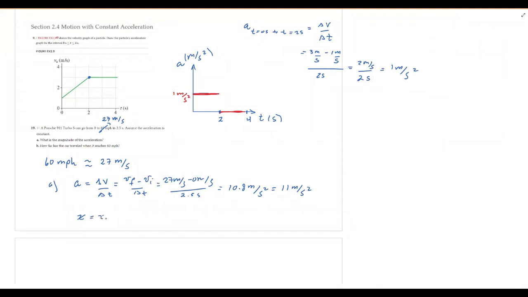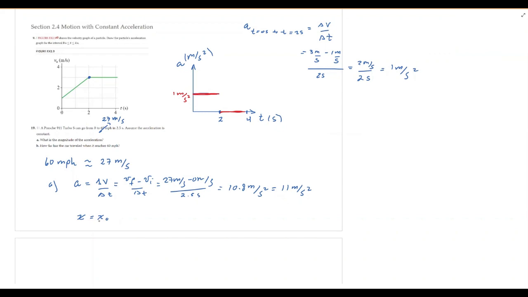You can say x equals x sub 0. You want to find the variation in position, or you can assume that x sub 0 is 0, or you can just bring x sub 0 to the left and you say this is delta x, this is the displacement. It makes sense.